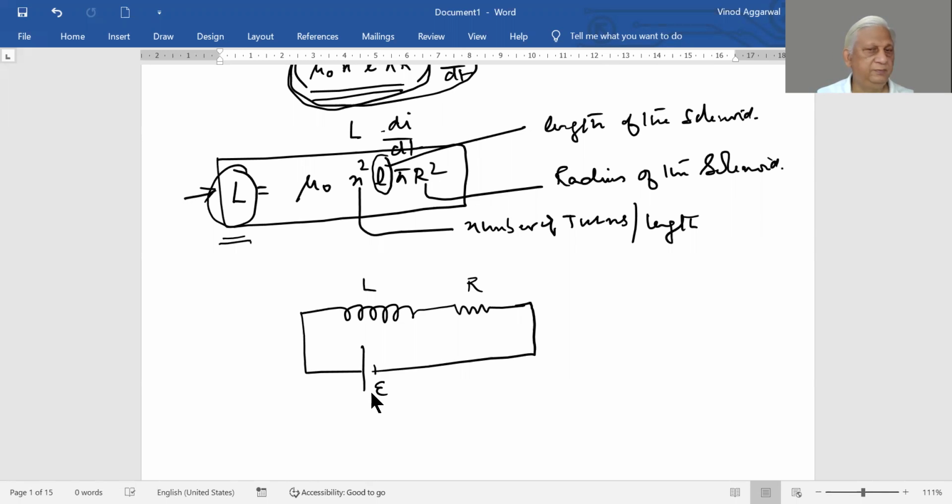Now, when you connect the battery, what happens is E minus L dI by dt, a current will be established inside this, which is given by this formula. What is this? This is the voltage across the inductor. So out of E, so much voltage will be dropped across this, and what will be left is this much.